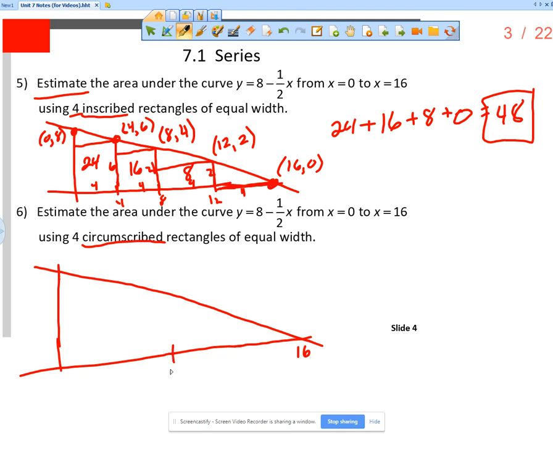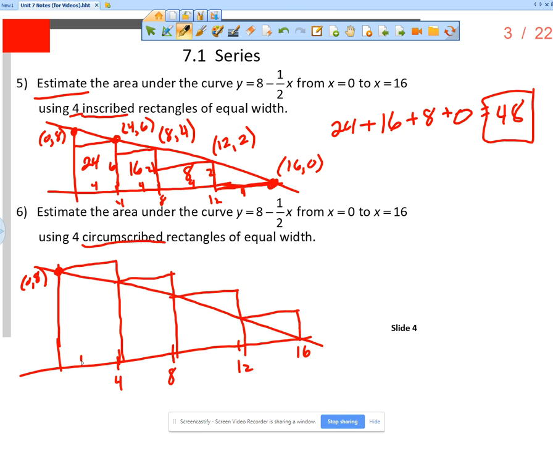Once again, here's 8, here's 4, here's 12. Now this is 0, 8. Now I'm going to draw a rectangle, but it's going to be circumscribed, so I'm going to go outside of the shape. Then 4 over to 8 outside of the shape, 8 over to 12 outside of the shape, and 12 over to 16 outside of the shape.